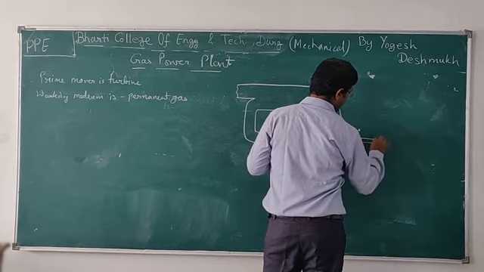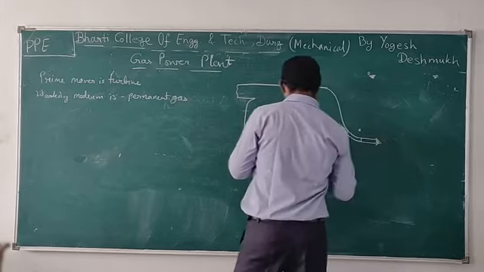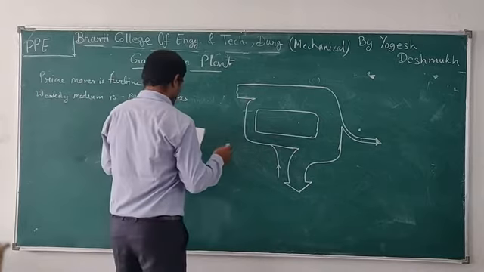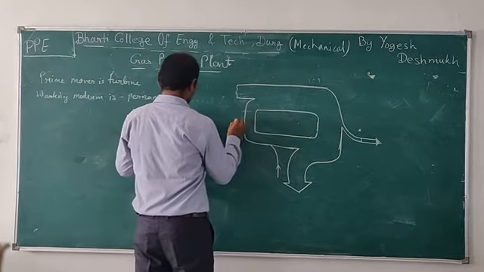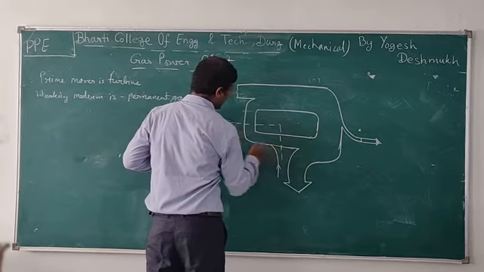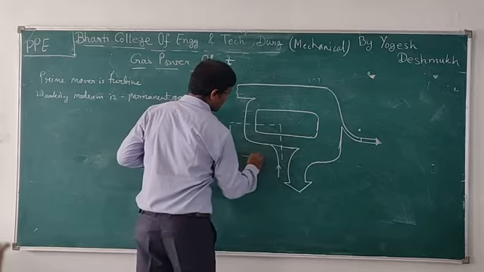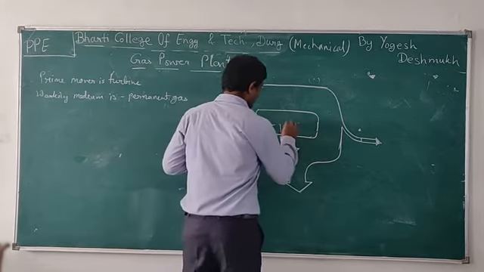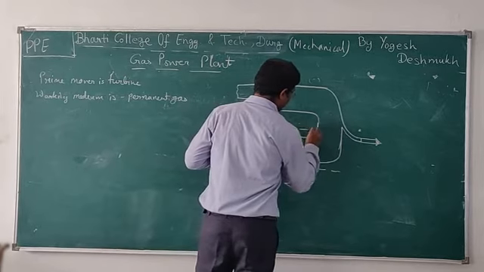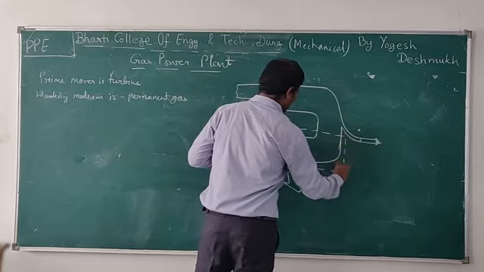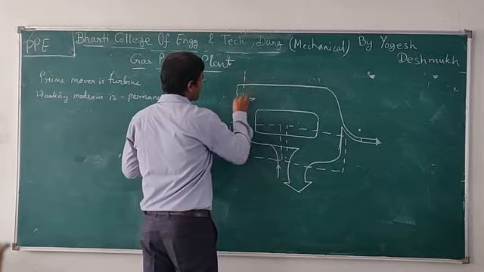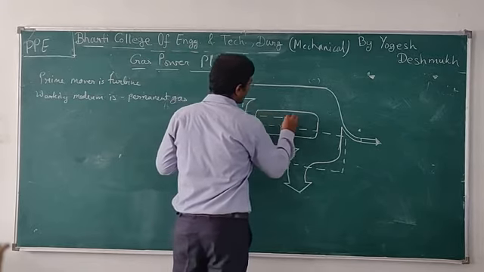This is the normal working of a gas power plant. Here the compressor is installed, and this portion is done by the turbine. And at this portion, the combustion goes on.